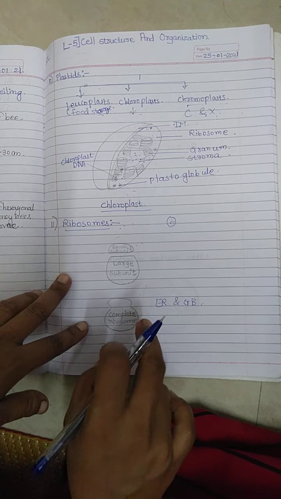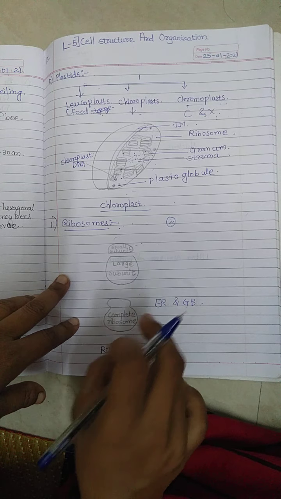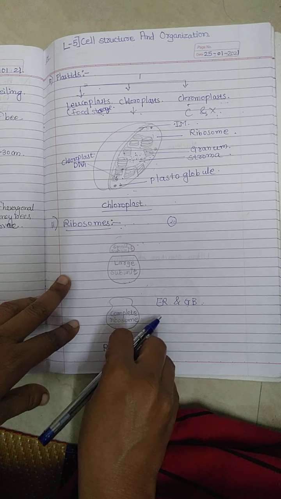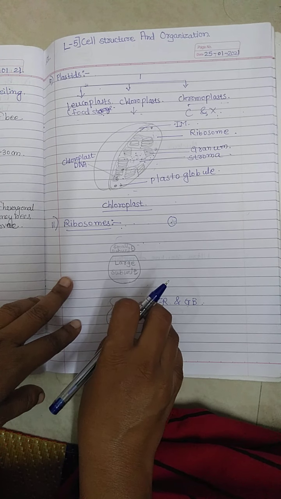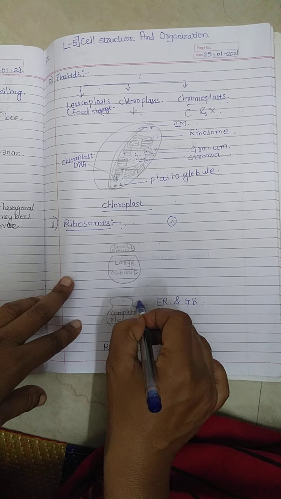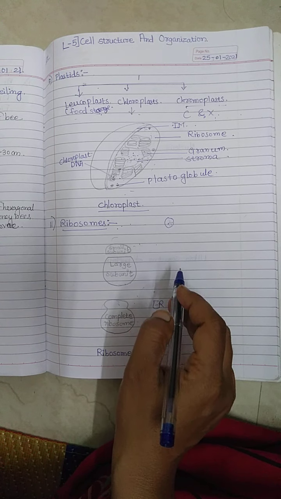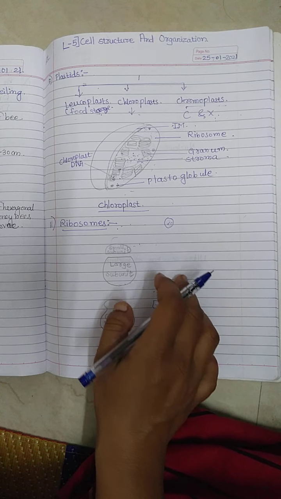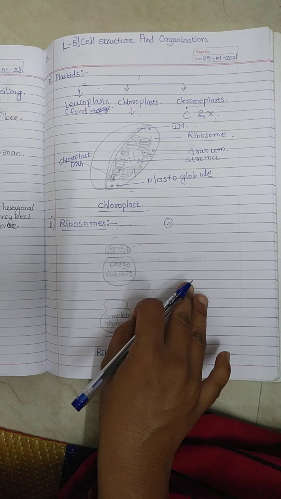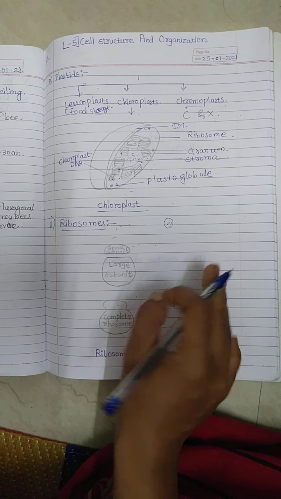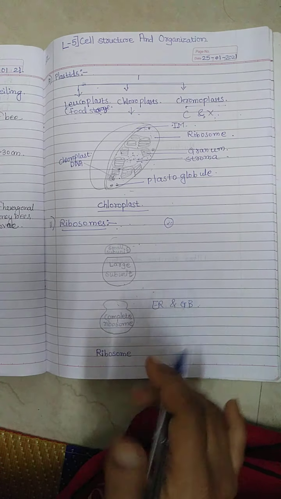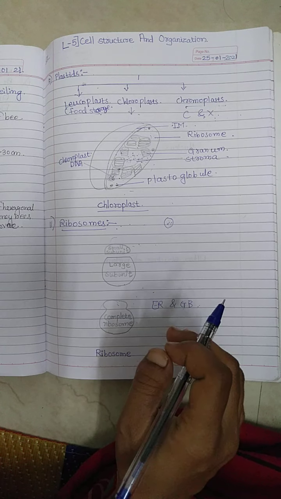Free ribosomes come together to form a chain called a polyribosome for the synthesis of protein. The free ribosomes generally produce enzymatic protein used in the cytoplasm, like the enzymes required for breakdown of sugar.